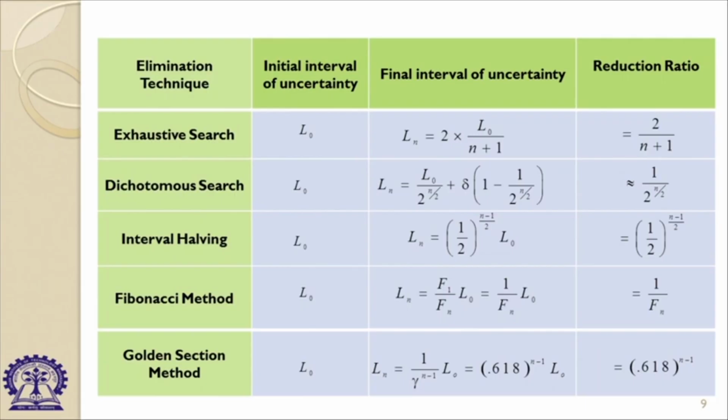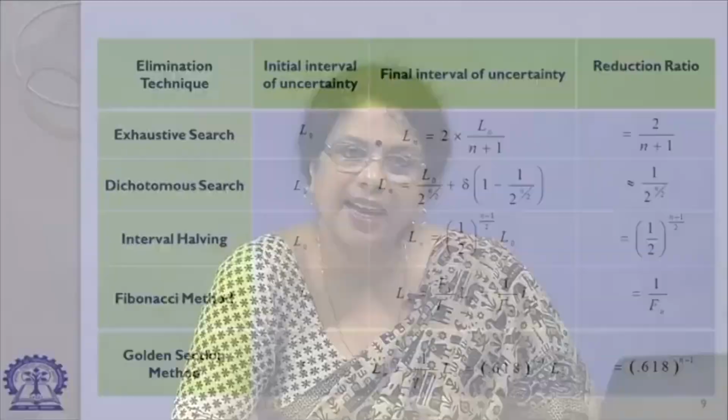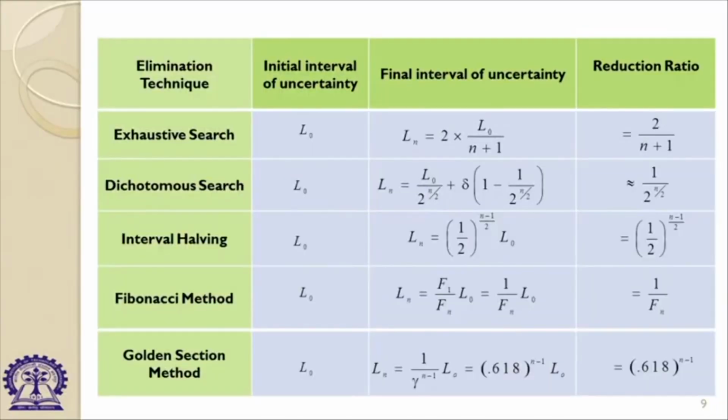That is why the reduction ratio, if we consider ln by L0, where ln is the length of the nth interval of uncertainty and L0 is the length of the initial interval of uncertainty. Reduction ratio means, after reaching the nth experiment, the ratio of ln by L0 with respect to the initial. That is 1 by Fn.